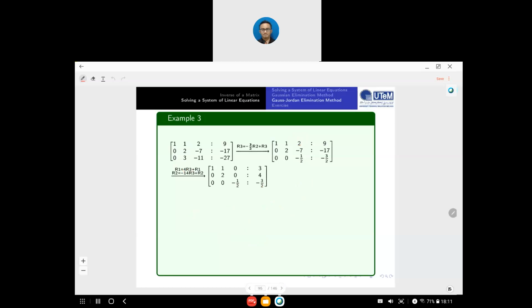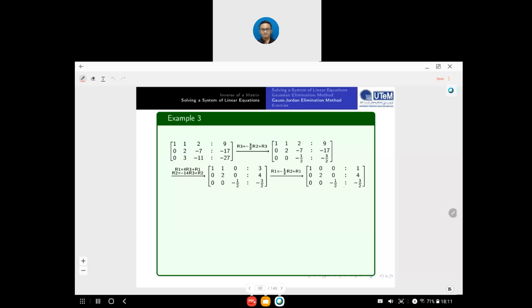Next, our aim is to change 1 to become 0 using row 2. Okay? So also the same thing. We times negative 1 over 2 row 2 plus row 1. And then we can get this value.